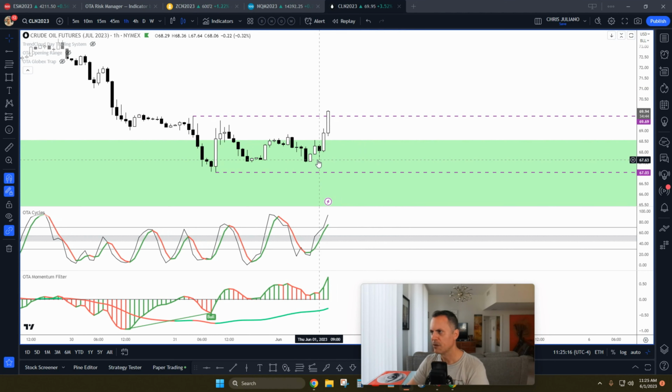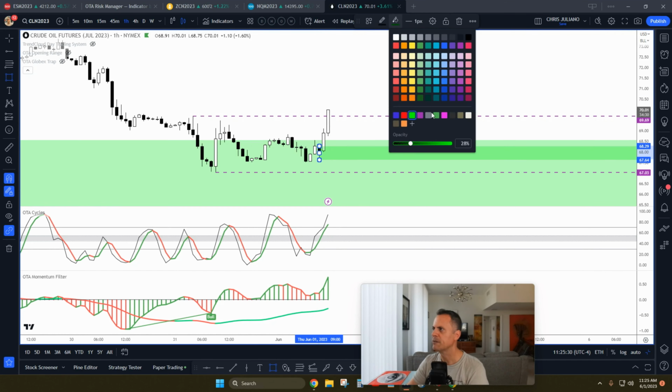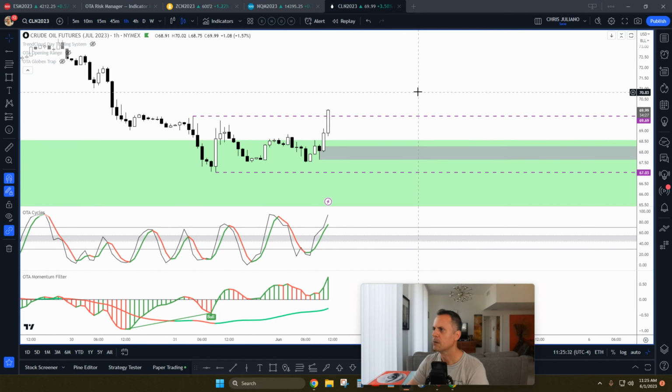Look what we have on the 1 hour. Rally base rally. We have a rally base rally on the 1 hour chart. Let's make that a different color. So is it possible that this thing pulls back? I think so. What's going on the 15-minute chart or the 5-minute chart in this area?